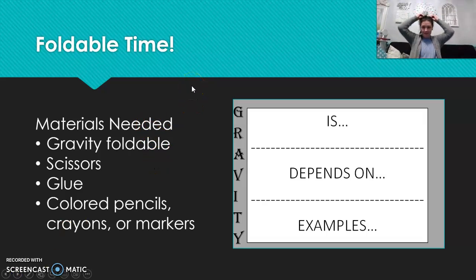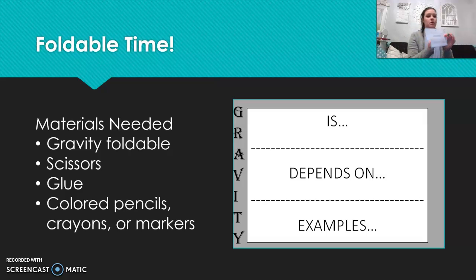So, it's foldable time. I also gave you a sheet. It looks like this. It's also on this slide. You're going to need the piece of paper that I gave you, scissors, glue, and colored pencils, crayons, or markers.